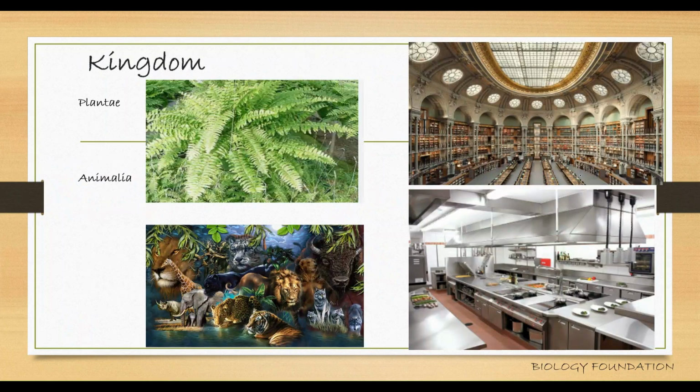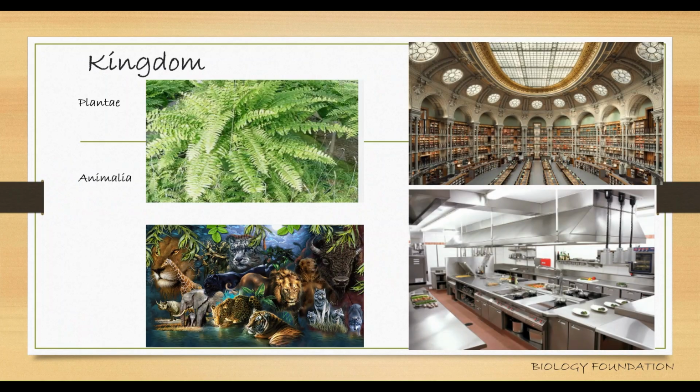Now, what is actually this kingdom, phylum, class, order? I'm talking about this hierarchical rank, but let's try to understand it with a better example. Let's assume there's a library. We all know a library is a place where there are n number of books.